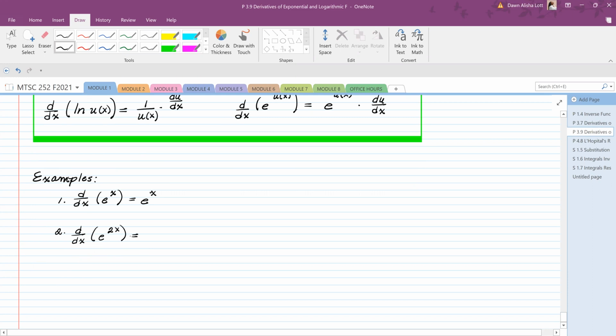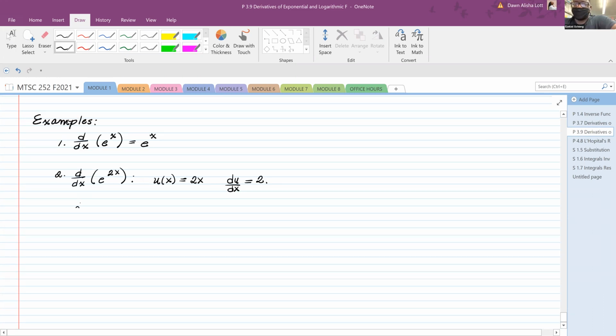Well, here, u is 2x, and du dx is 2. So therefore, the derivative with respect to x of e to the 2x says I just get e to the 2x, but I have to multiply it by du dx, so I get a 2. So I get 2 e to the 2x.